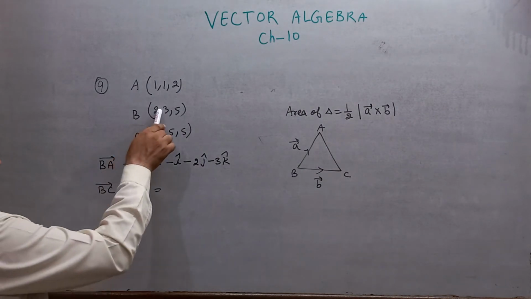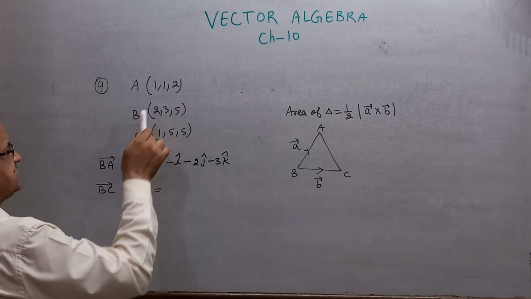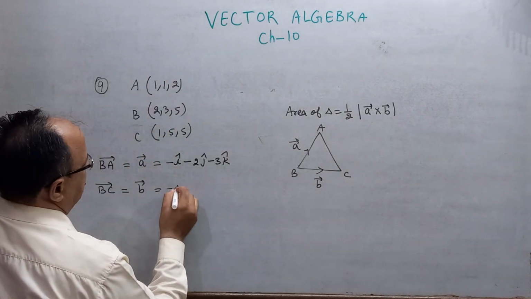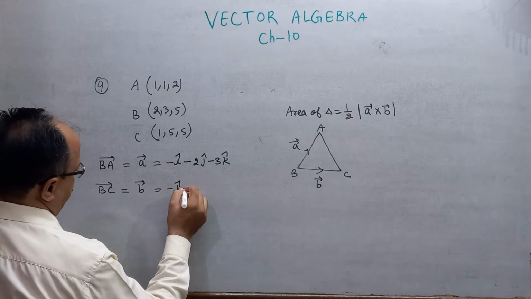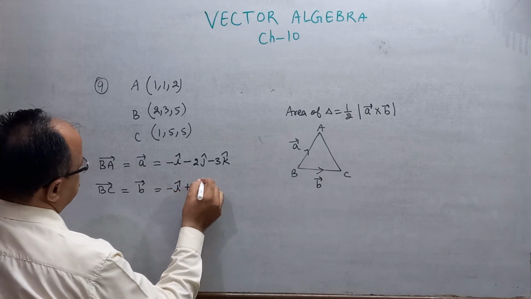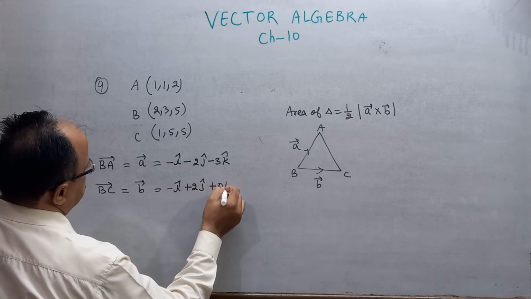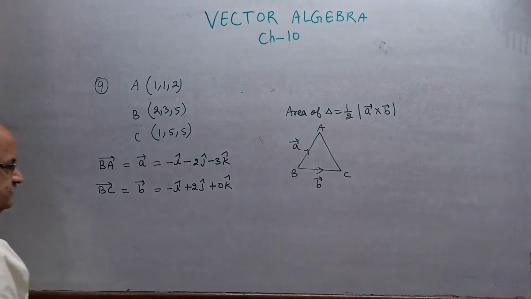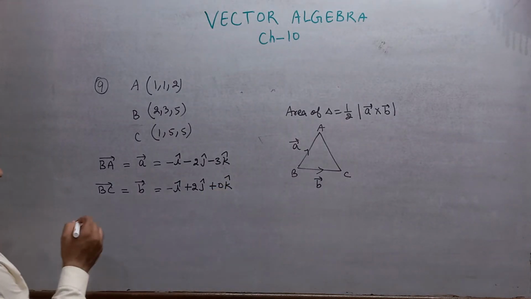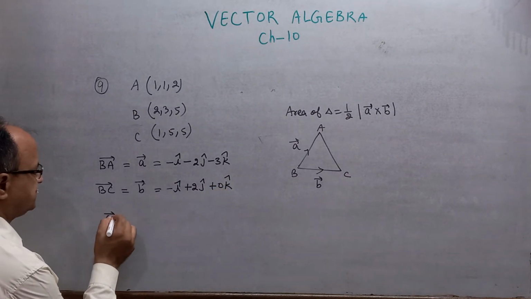And BC, C minus B, is minus I cap, 5 minus 3, 2j cap, plus 0k cap. Now find A cross B. Simple question.